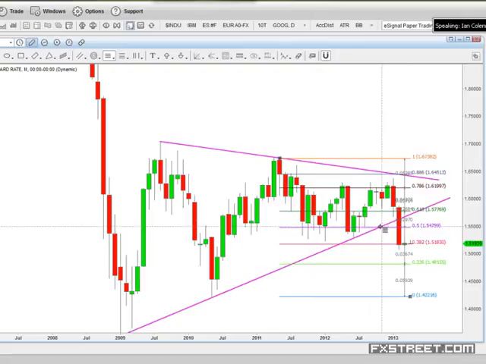I think it's going to surpass 147.80, and I think we're going to move up to this reverse trend line, which is located... let's just see where it is located.